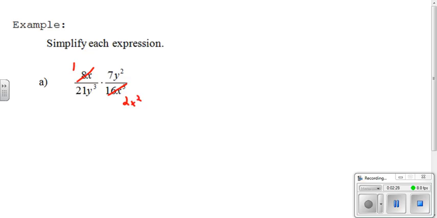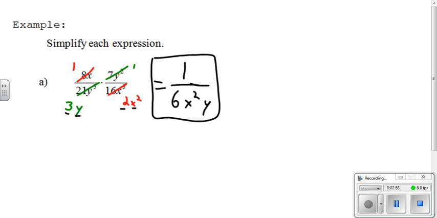Now, again, going diagonally, dividing a 7y squared out leaves 1, and 7y squared out of 21y cubed leaves 3y. Now again, we just multiply right across, and we're left with 1 over 3 times 2 is 6, x squared, y. So our most simplified version is 1 over 6x squared y.